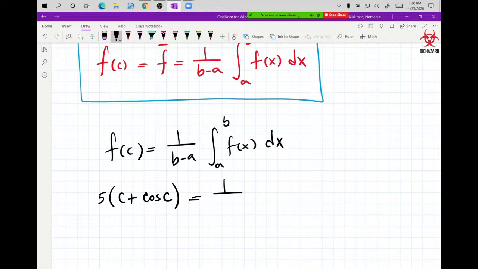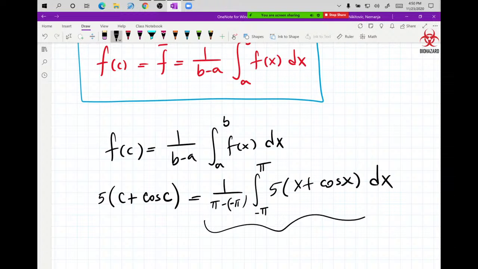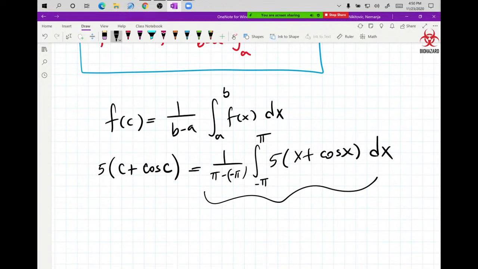On the other side, you have 1 over, no, it was not 6 minus 0, it was negative pi to pi. So pi minus negative pi, there we go, much better. And then the integral from negative pi to pi of 5x plus cosine x dx. Now we already calculated that all this mess is 5.